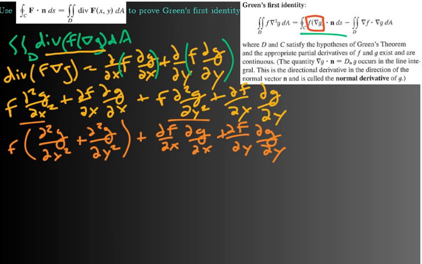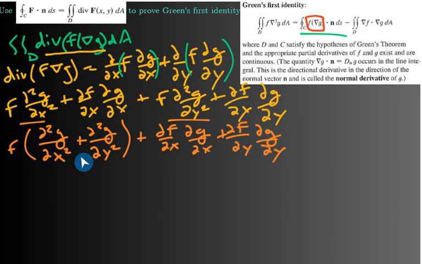And if you look at this, this part right here is the second partial of g with respect to x plus the second partial of g with respect to y.